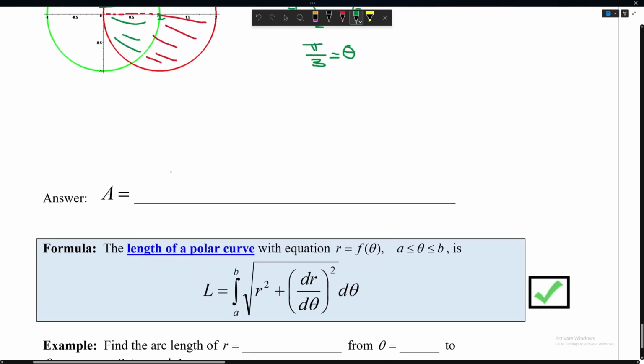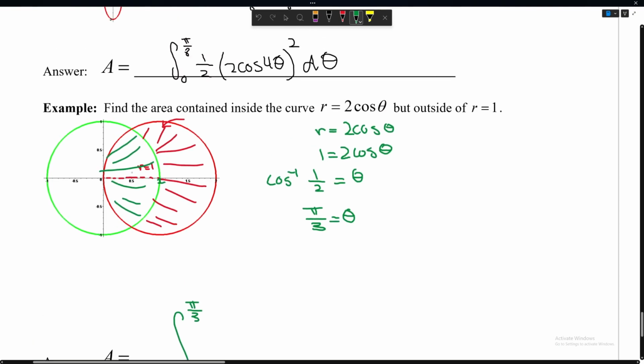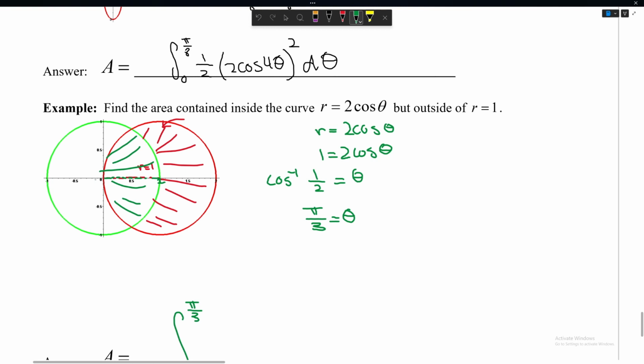So now that I have my angle, I can take the bounds. If I do my integral, because I'm trying to find the area, right? So if I did from 0 angle all the way to pi over 3, I would only get this area right here, but I obviously want both areas.